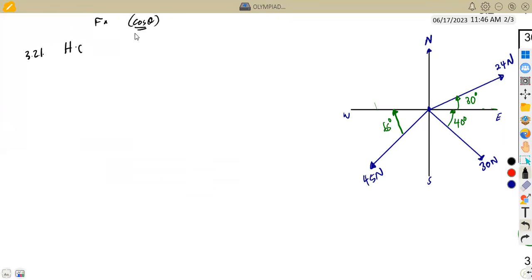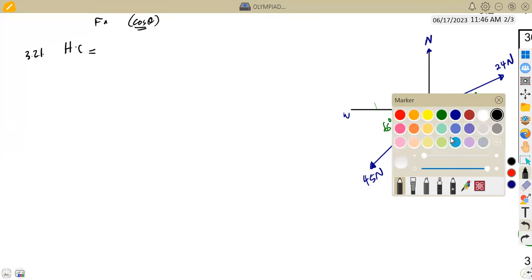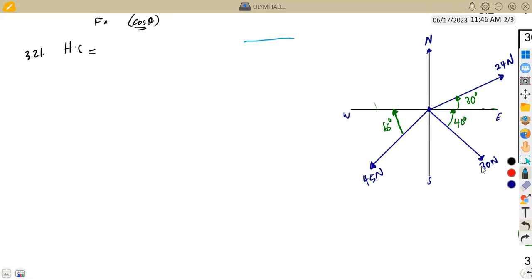Remember, I said horizontal components use the cosine of theta. And also, I said from our revisions, it is very, very important for you to note this. If you are dealing with the horizontal, whatever is on the right side is taken as a positive. Whatever is going to the left side is taken as a negative. To the left side, it's a negative.